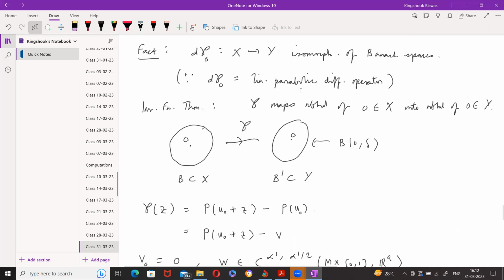And then it's an isomorphism of Banach spaces. It's 1-to-1 onto. That will follow from the uniqueness and existence for solutions of linear parabolic operators. And the fact that the inverse is bounded will follow from the estimate given in the theorem on linear parabolic operators, that the norm of a solution is less than or equal to the norm of the image under the operator.